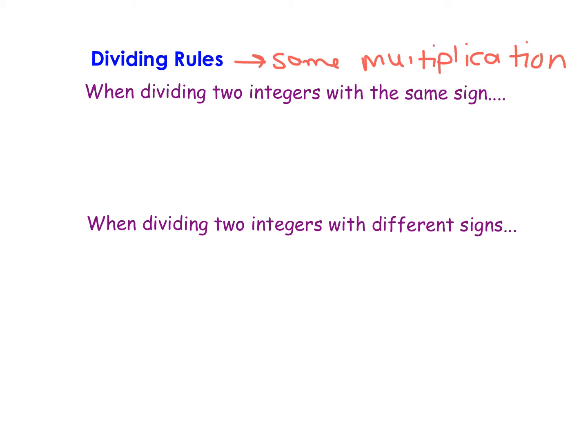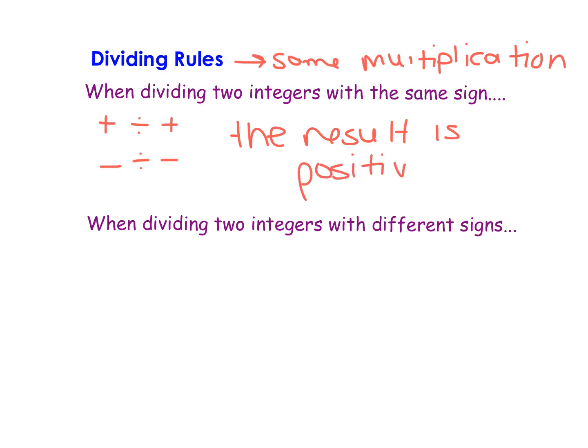If we have two numbers with the same signs, a positive divided by a positive or a negative divided by a negative, the result will be positive, just like if we multiply two positives together or multiply two negatives together.